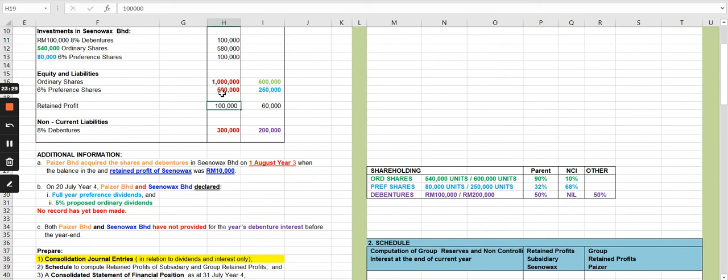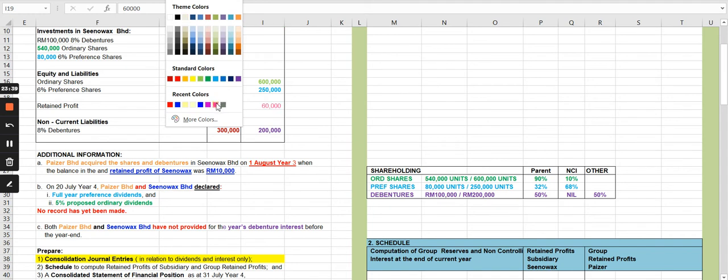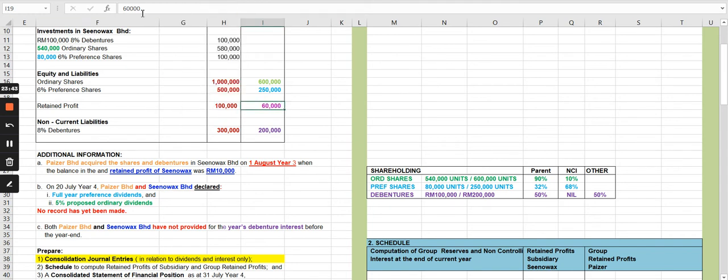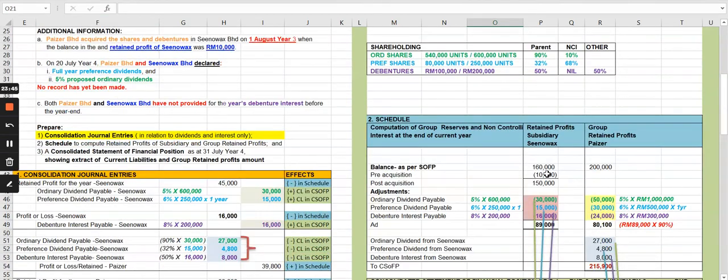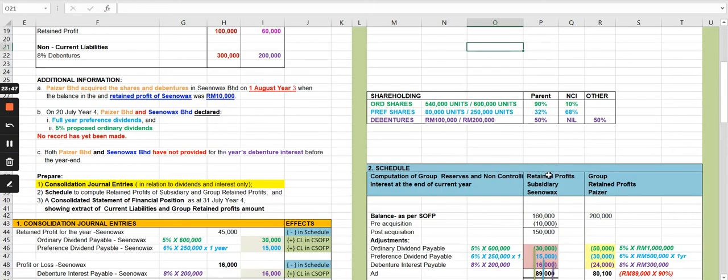As per the CSOFP, this balance for the parent should appear in the schedule, as well as this balance for the subsidiary, right? So it should appear here. So this is 200,000. Balance as per CSOFP is 200,000.